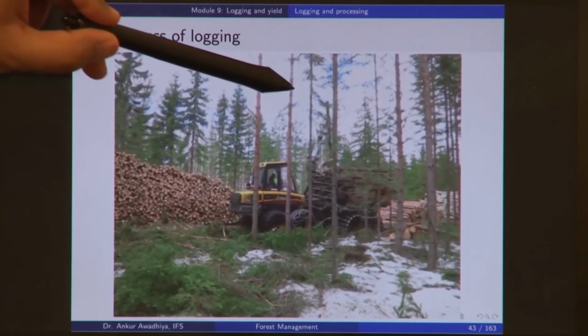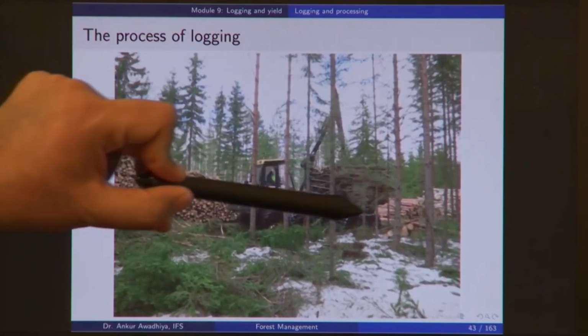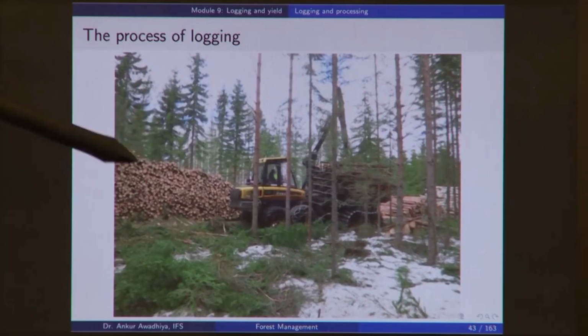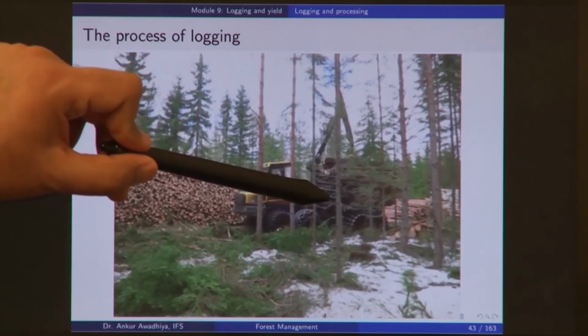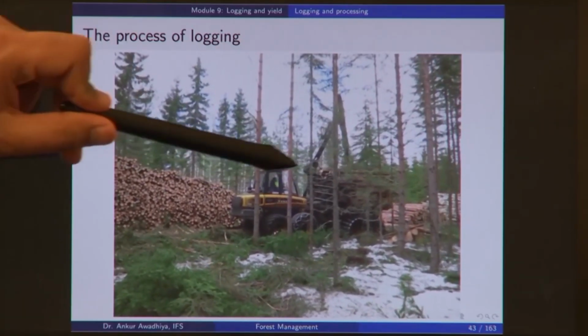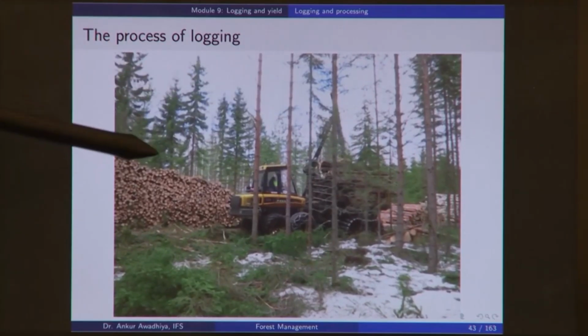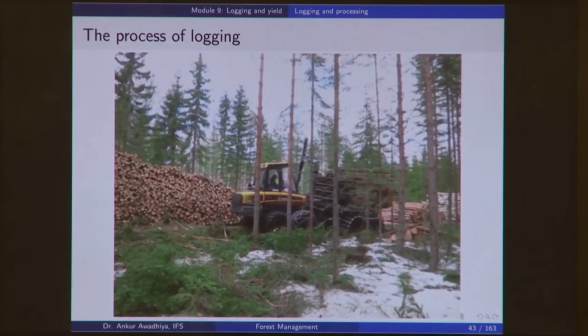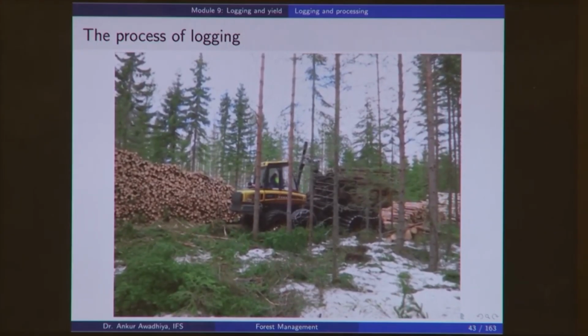Here you have a crane, here you have a stack of logs in the truck, and with this machine we are taking these logs, and then using the crane we are taking them out and dumping them. So, this is how a forwarder works.